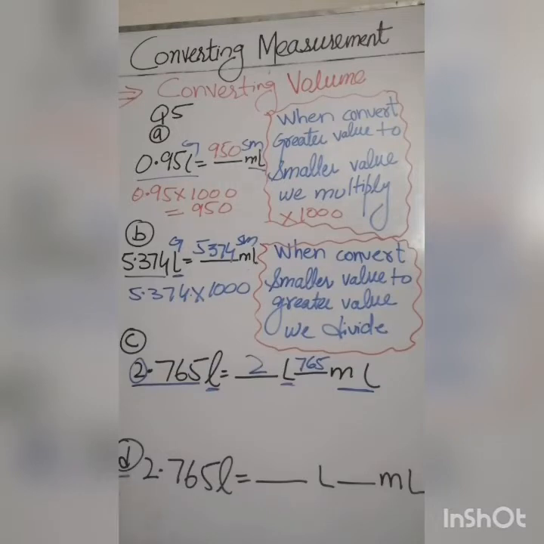Similarly in part D, we convert 2.765 liters into liter and ml. We know before the point is the whole liter and after the point is the ml. So here we have 2 liters and 765 milliliters.